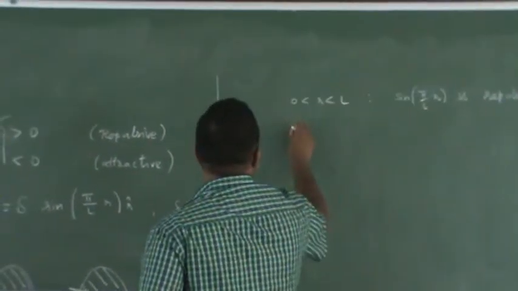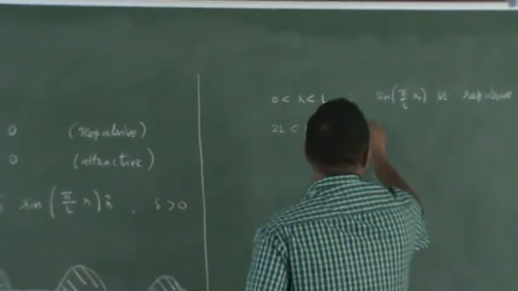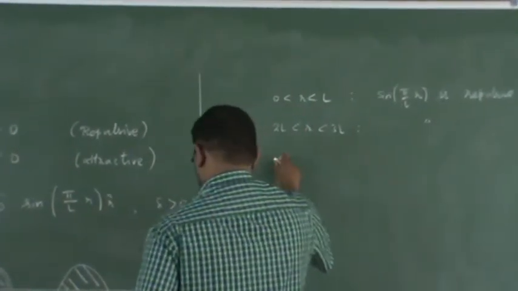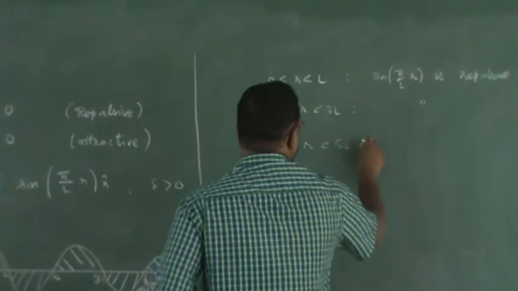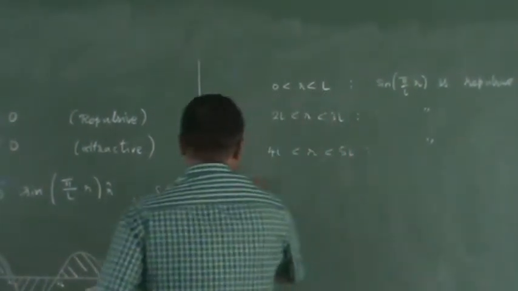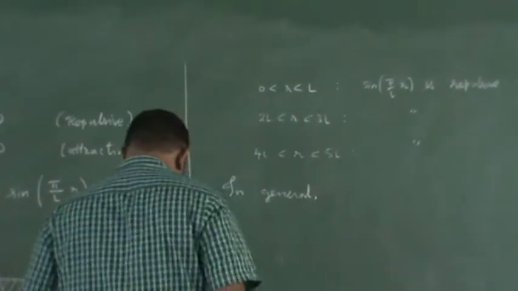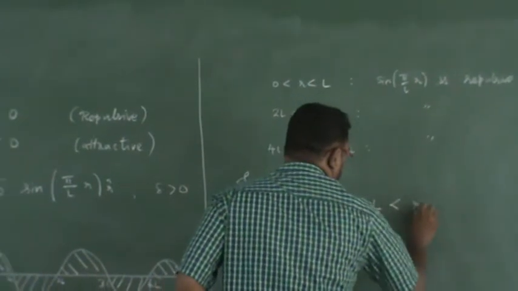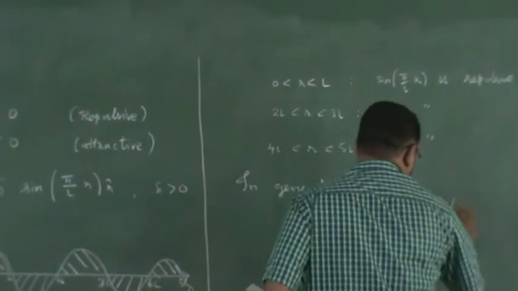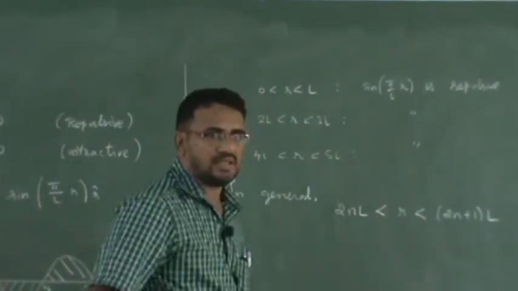Similarly, 2l to 3l, this is repulsive. Then 4l to 5l, repulsive. In general, between 2n l and 2n plus 1 l, the force is repulsive.